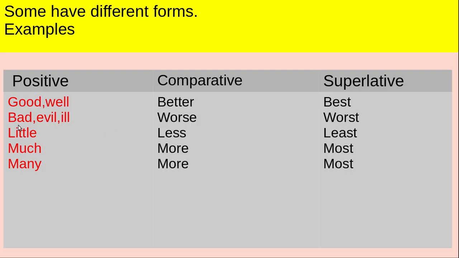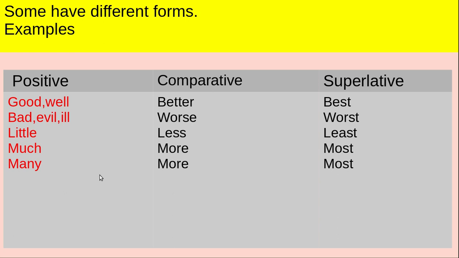Okay. Now, some adjectives have different forms for each. As an example, good, well. Its comparative degree is better. It has no relation with good or well. And the superlative is best. Bad, evil and ill. All these 3 words have the same comparative degree, worse, and superlative worst.